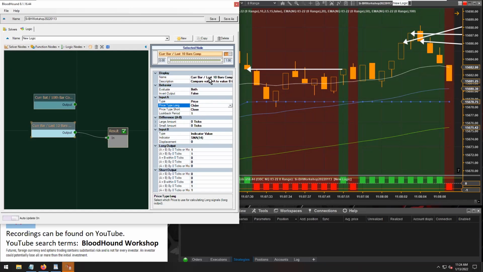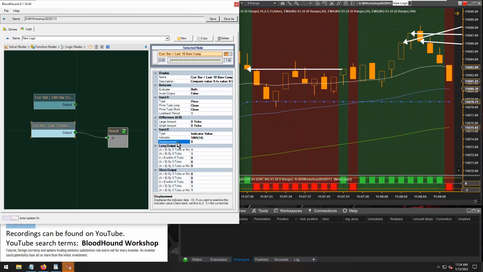Now, since we need to exclude the current bar from the last 10 bars, we actually can't use the solver's built-in price type, not currently, because there's no displacement function in here.